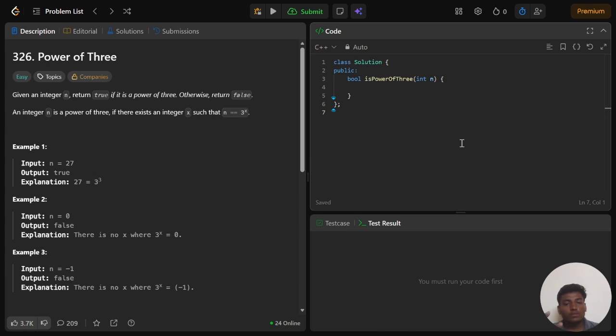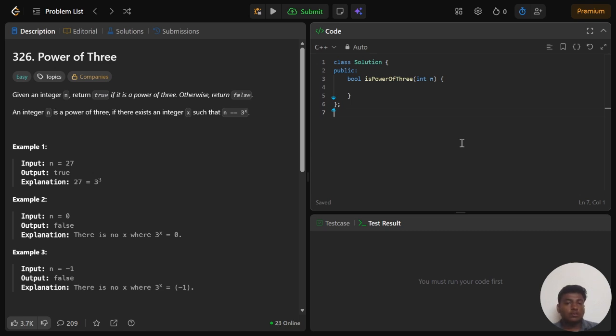So if 3 raised to 19 remainder n equals 0, then we will return true, and if this is not possible, then we will return false. Hope you understand the approach.